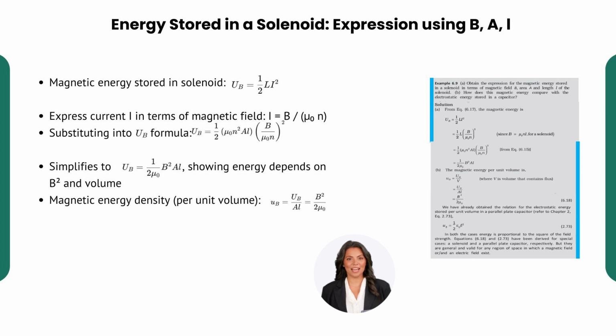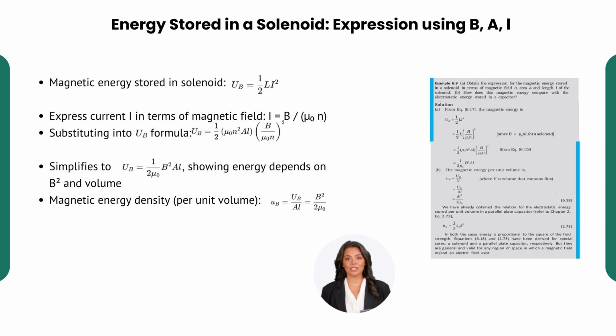Substituting I into the energy formula gives U subscript B equals 1/2 L times the square of B over mu0 N, squared. Since the inductance L itself is mu0 N squared AL, substituting this cancels N squared and mu0, simplifying to U subscript B equals 1 divided by 2 mu0 B squared AL.